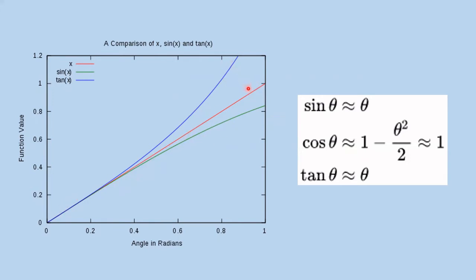So they're all going to diverge quite a bit as you move to the right, but near the origin, they're super close together. You can also look at their Maclaurin series expansions about theta equals 0. Here they're using the letter x, here they're using theta, whatever. And you see that sine and tangent have the same first term in their Maclaurin series. Moving on.